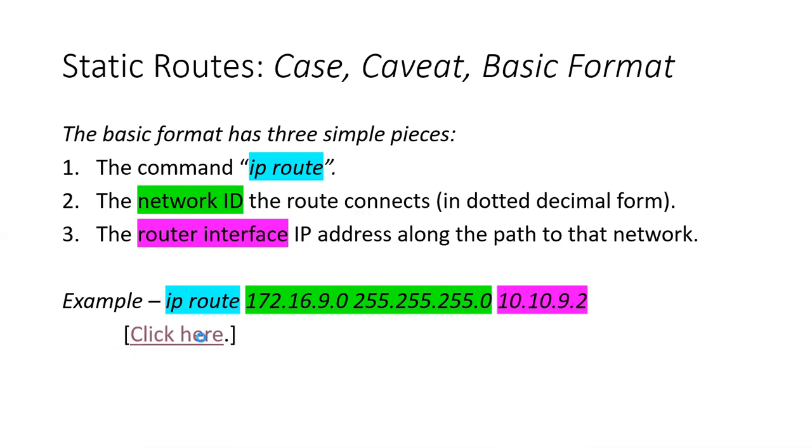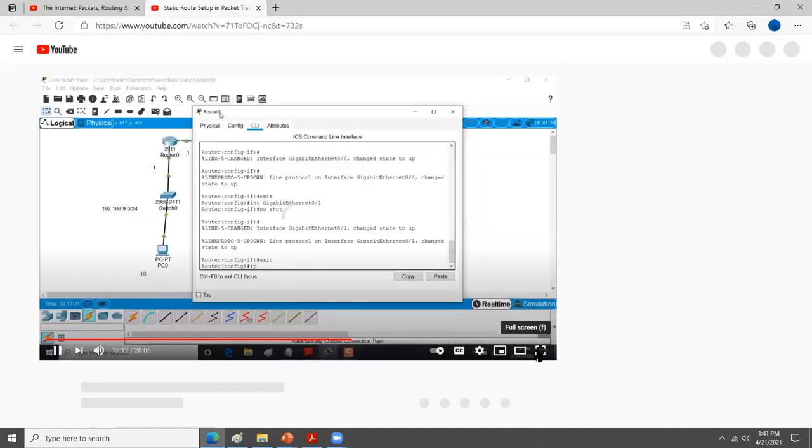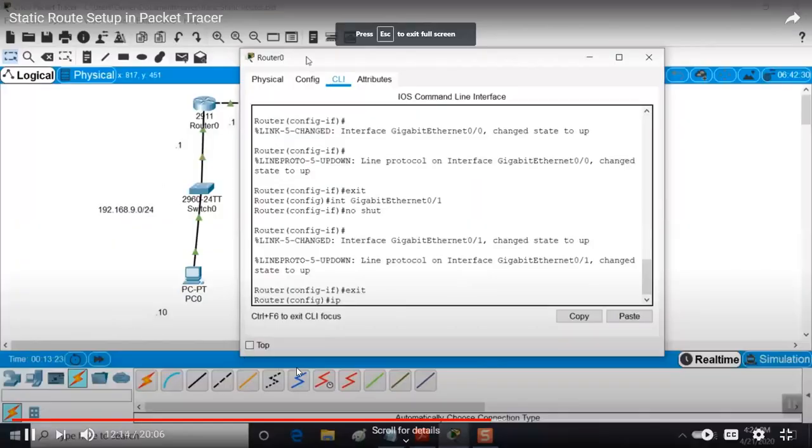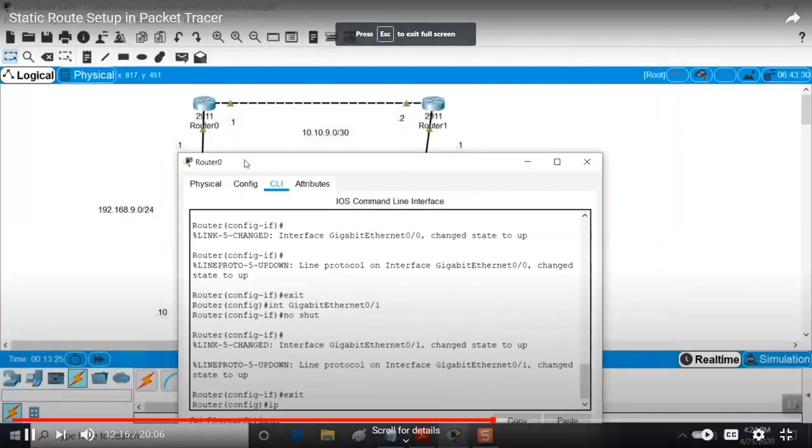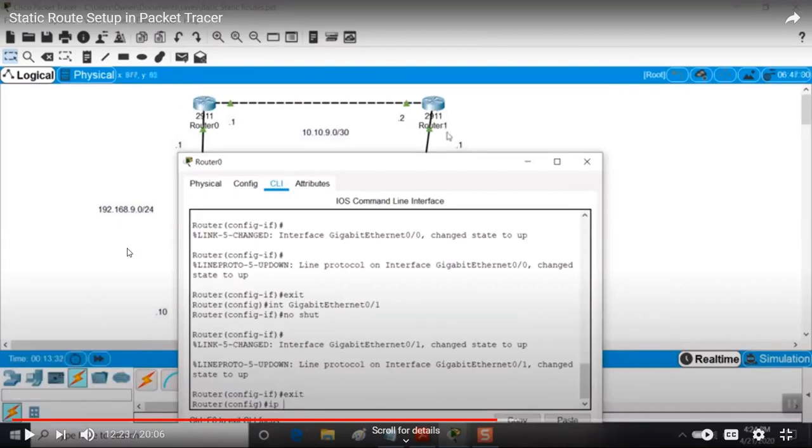We're going to give you an example of this. I want to create a route to, can everyone see the screen? Yes. Okay. This network. This router wants to create a route so it knows how to get to it.